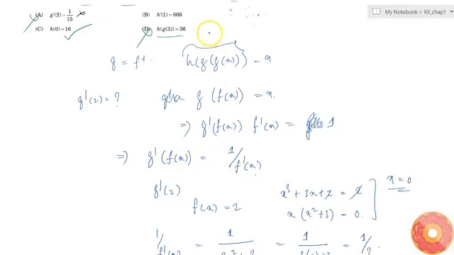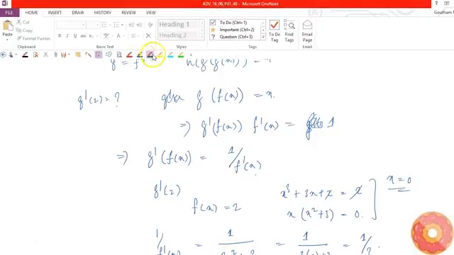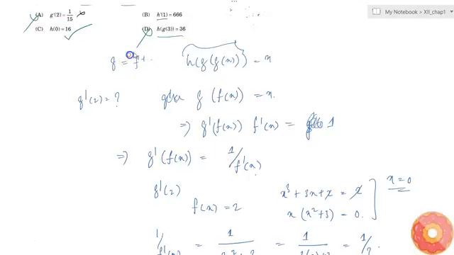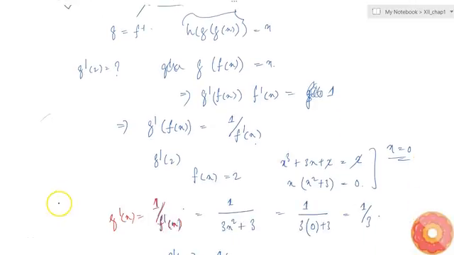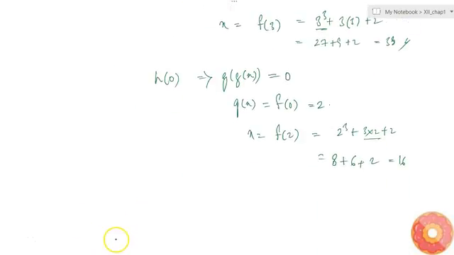And now we are required to find h dash of 1. Let's change to red pen. We know that g is equal to f inverse. We are given h of g of x is equal to x, so that implies h is simply the inverse of whatever function is inside.